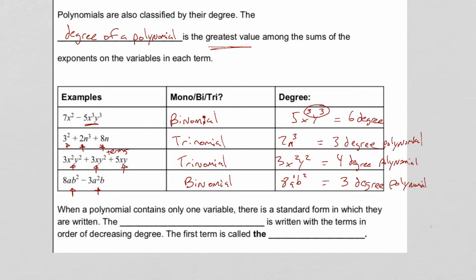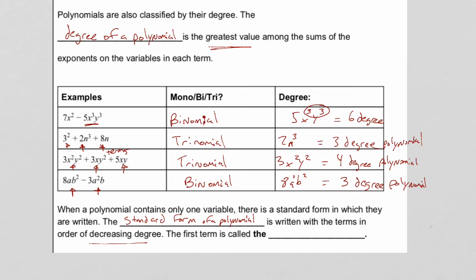So when a polynomial contains only one variable, there's a standard form in which they are written. The standard form of a polynomial is written with the terms in order of decreasing degree. So basically that's the complicated way of saying the stuff with the largest value of the exponents, that's what you put first.